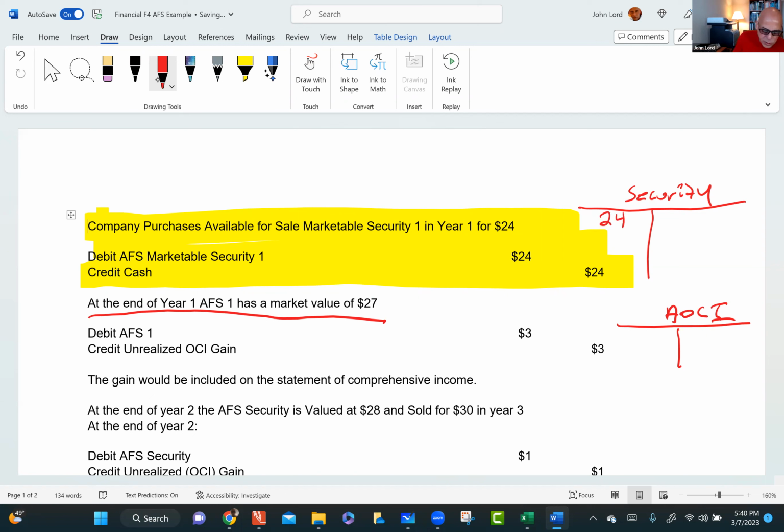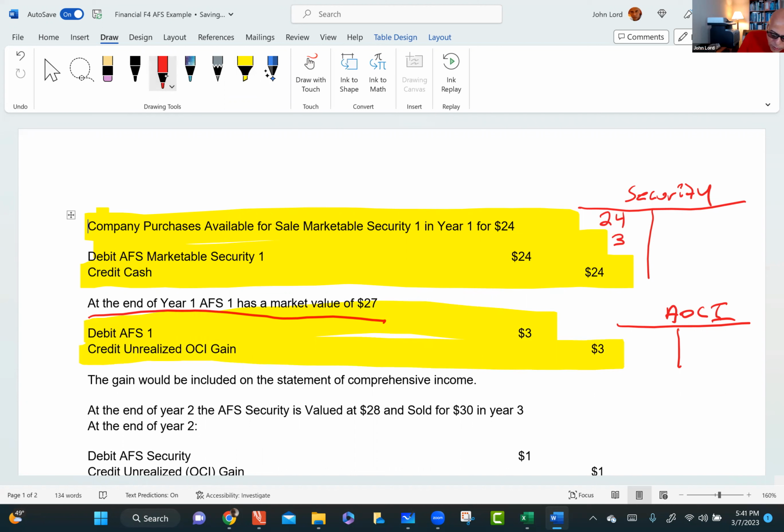The security goes up, and since it is an available for sale security, by the way, the balance sheet effect would be the same if it was a trading security. You increase the value of the security. So I debit that security for $3. Post that debit. Now it's being carried at 27. Okay. And I credit OCI gain for 3.